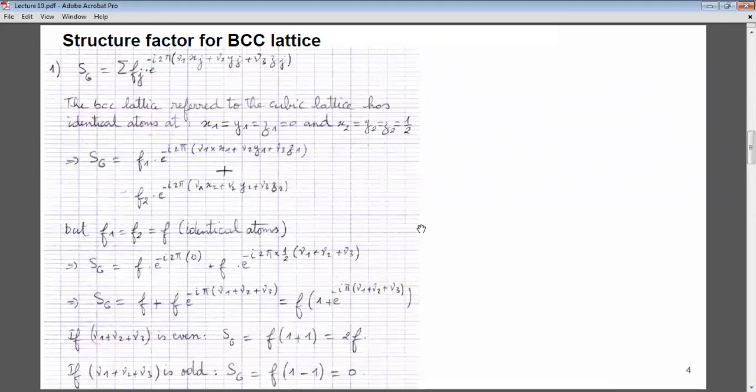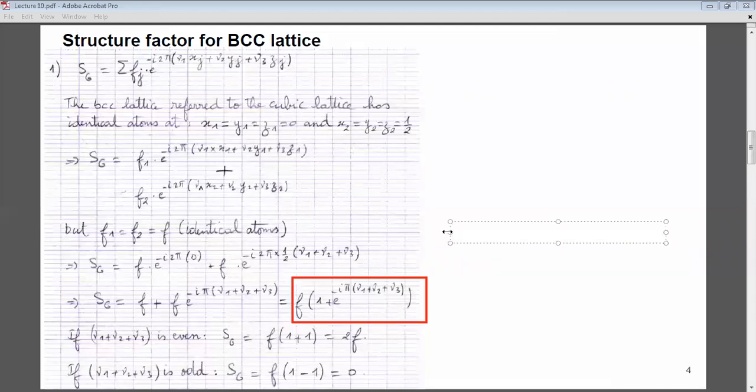Another thing we did last time is that we calculated these structure factors for the BCC lattice and for the FCC lattice. For BCC, we found S to be f times (1 plus e to the minus i pi (v1 plus v2 plus v3)), which is 2f if v1 plus v2 plus v3 is even. An example: if they ask me to calculate S of (1, 2, 3), we say v1 plus v2 plus v3 is 1 plus 2 plus 3, which is 6, so it will be 2f.